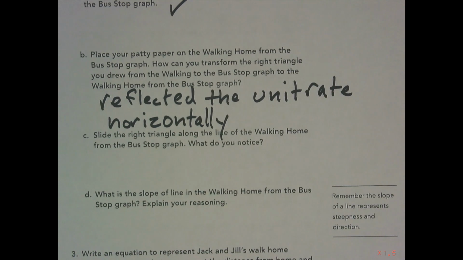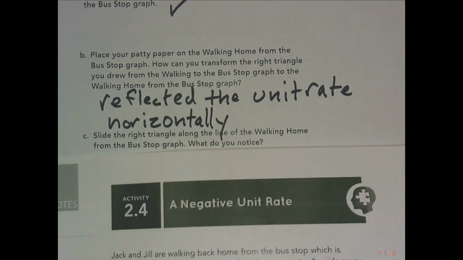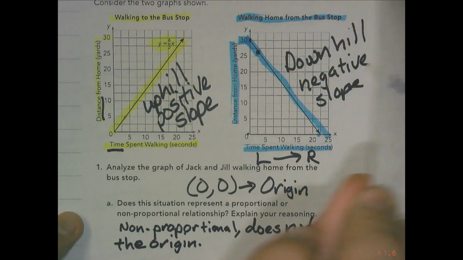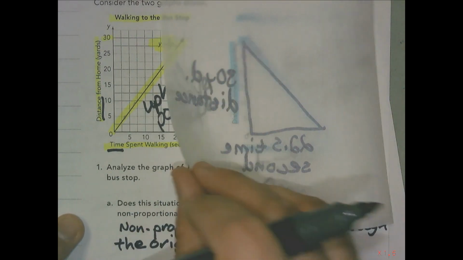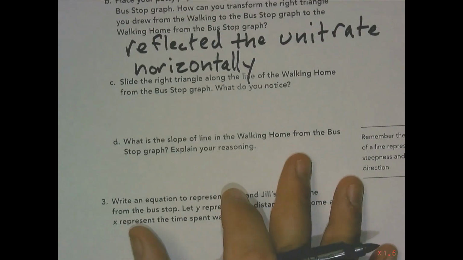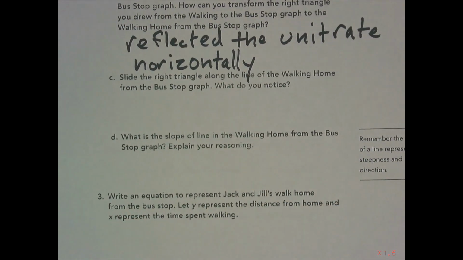So when I take this and I flip it over this way, I'm reflecting it horizontally. That's it. It's a reflection horizontally. Okay? So we reflected the unit rate horizontally.